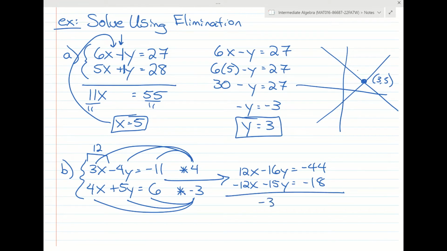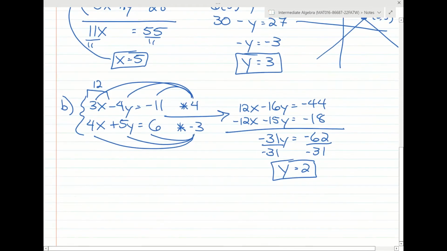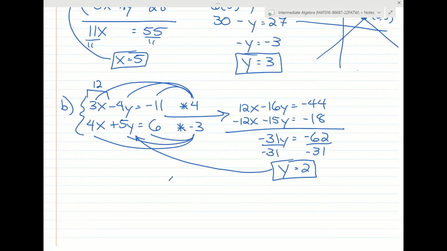Adding these together, we get negative 31y is equal to negative 62. Dividing by negative 31 gives us y equals 2. If y is 2, we can plug it back in to get what x is, and x would be negative 1.